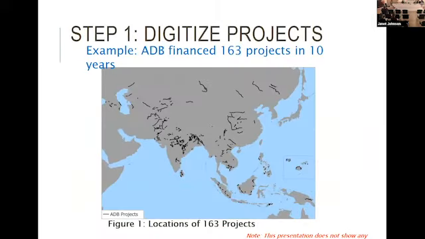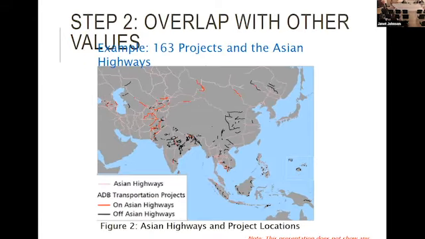The first step of the portfolio analysis is digitizing project location. So I digitized 163 transport projects financed by ADB in the past 10 years. The second step is overlapping with other GIS information.